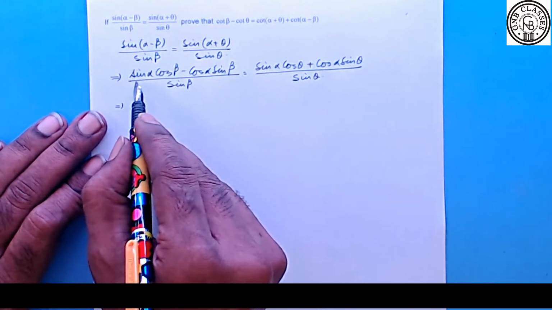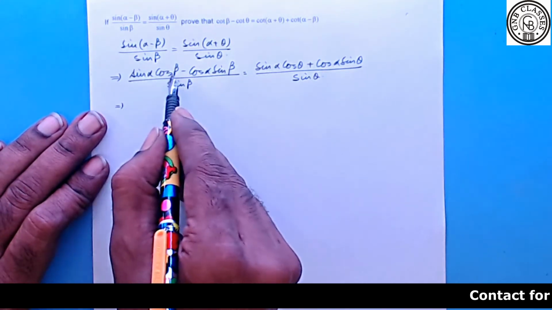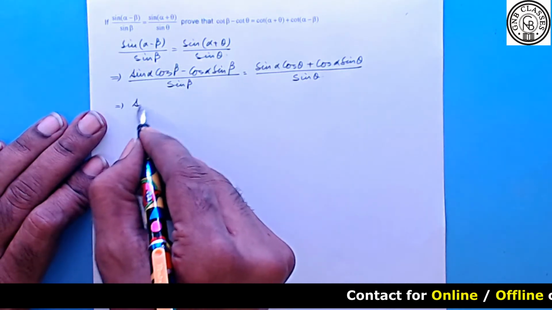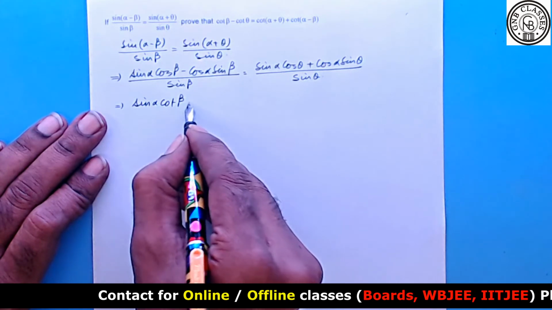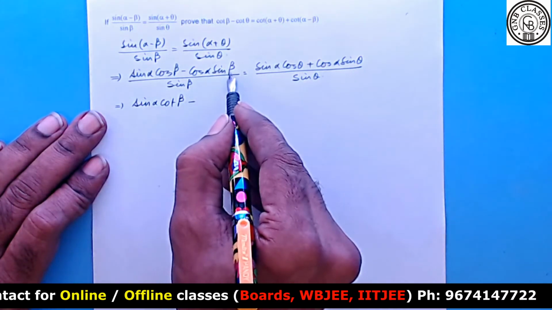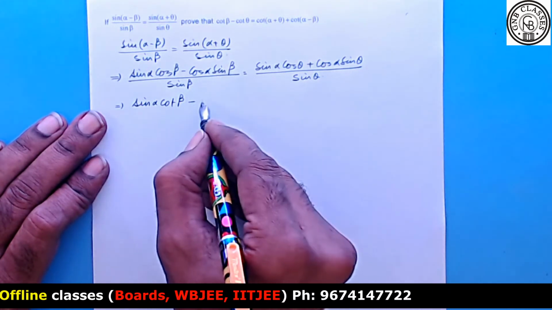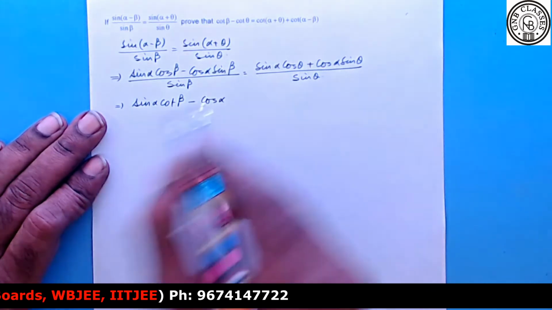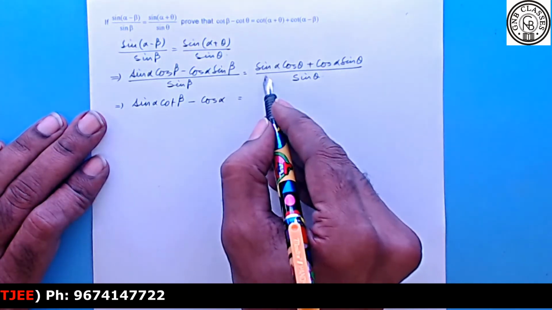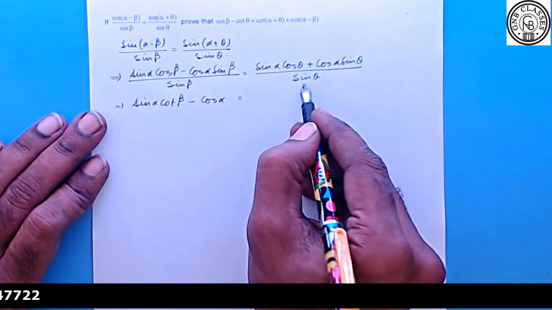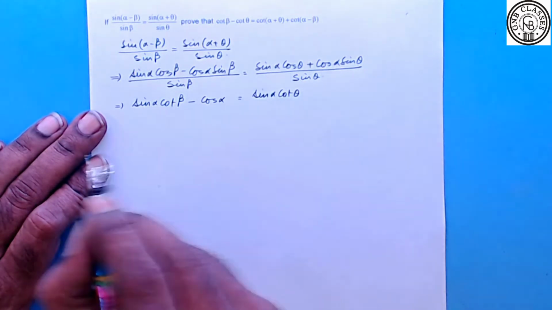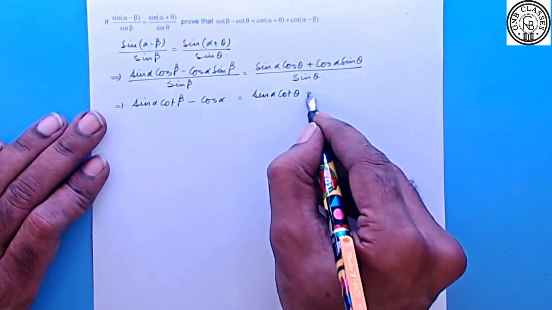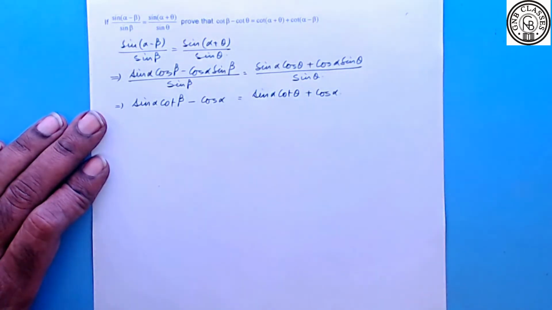So if I separate, we are going to have sin alpha cos beta by sin beta. That gives us sin alpha cot beta minus cos alpha sin beta by sin beta will give you only cos alpha, which is equals to sin alpha cos theta by sin theta will give you sin alpha cot theta, and for the second part it will give you only cos alpha.